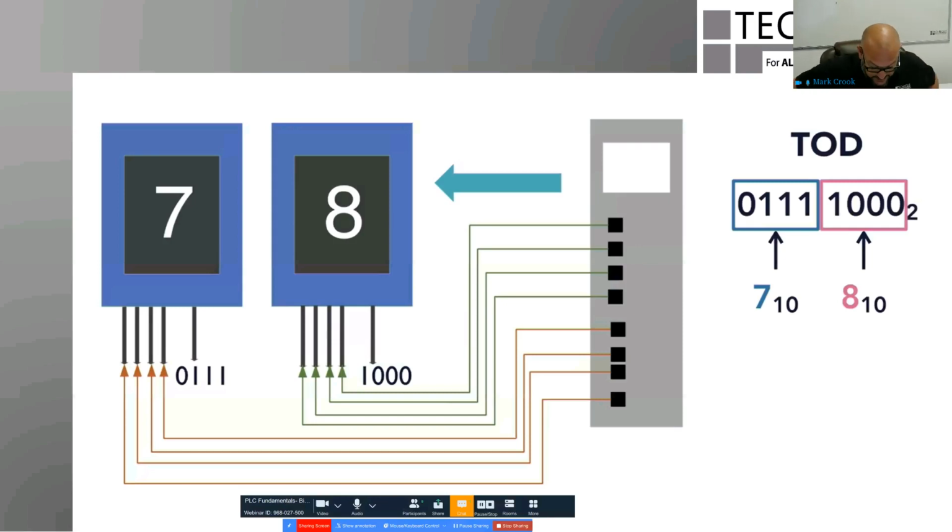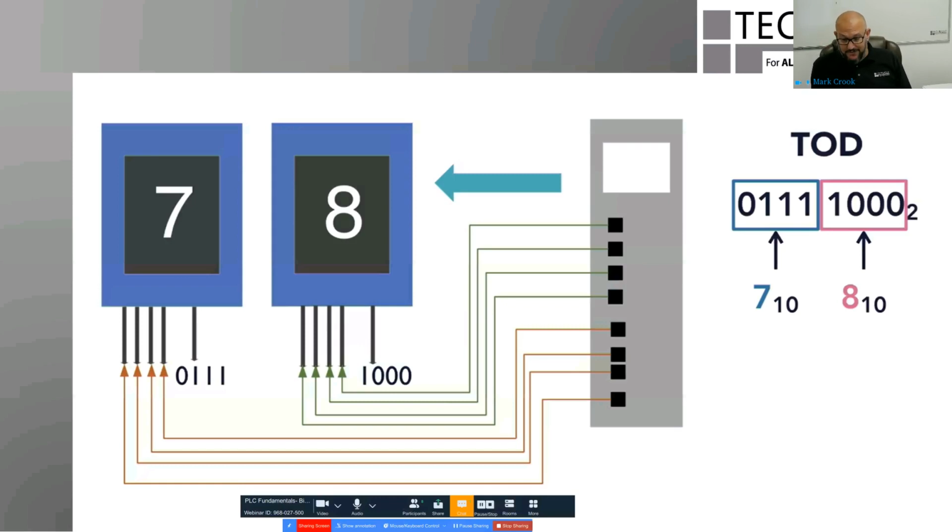The TOD instruction is used to convert the binary value of a decimal number to its equivalent BCD value and place the results in the destination. So the TOD can be named as binary to BCD conversion. That's basically what this instruction does.